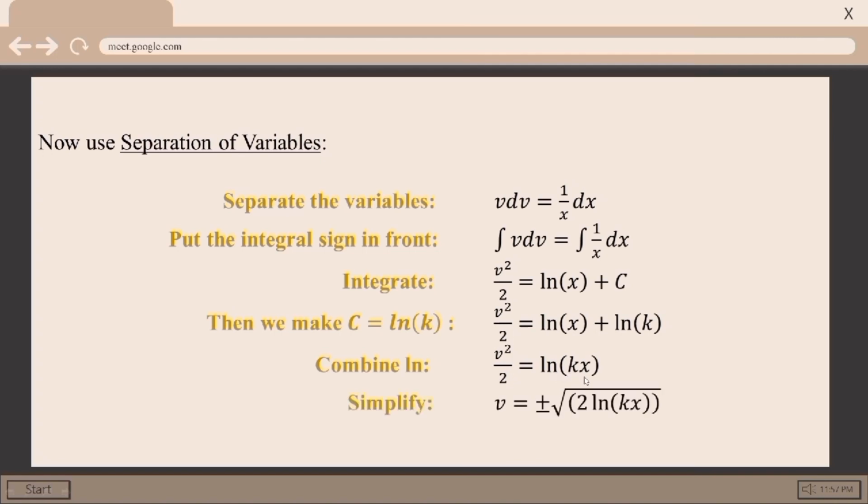Simplifying this one, we get the answer v equals plus or minus the square root of 2 ln of the quantity kx. So now we are done separating the variables.